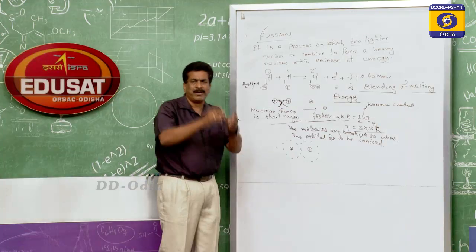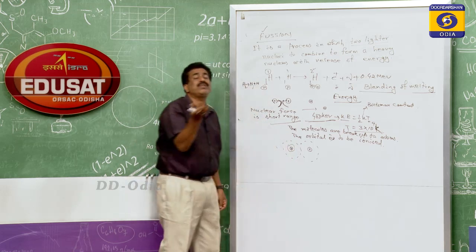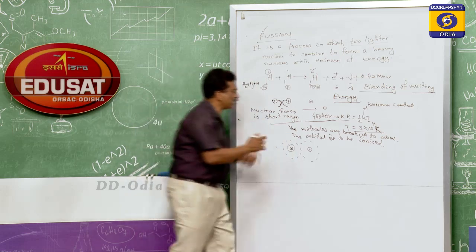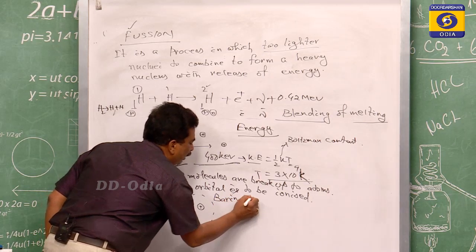And when the orbital electrons are ionized, this nucleus is without electrons, which we can call a bare nucleus.